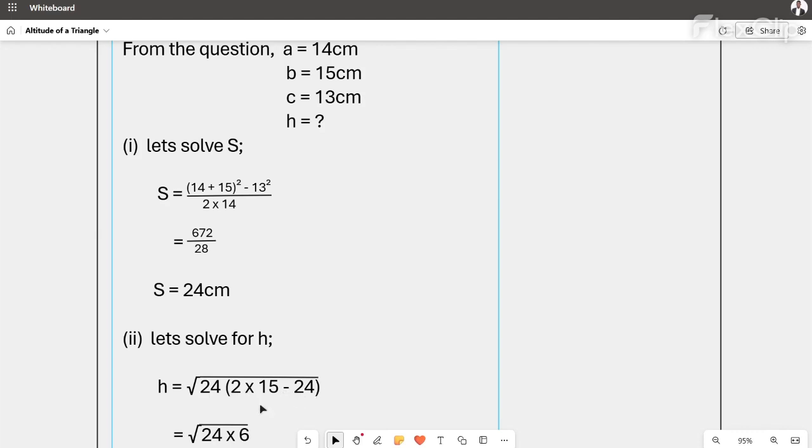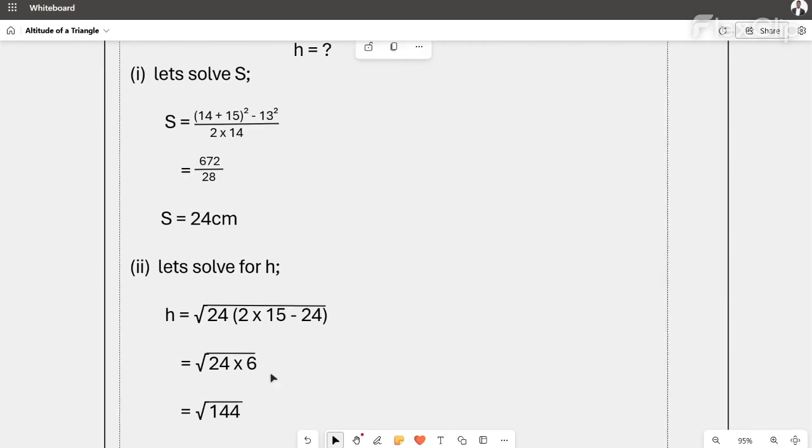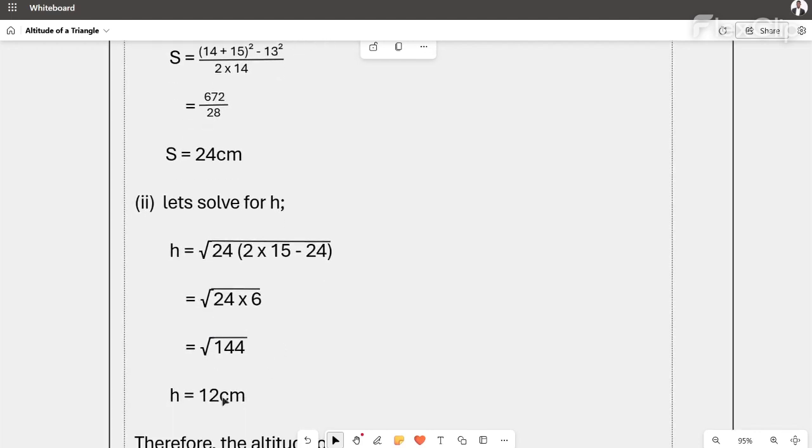If you do the calculation, the formula will look like this: 24 here, we'll bring it down, then the values inside the bracket will produce 16. 2 times 15 minus 24 will give you 16. So 24 times 16 will give you 144. So square root of 144 will give you 12.